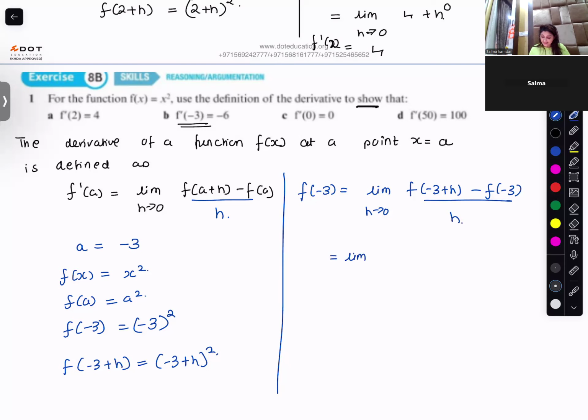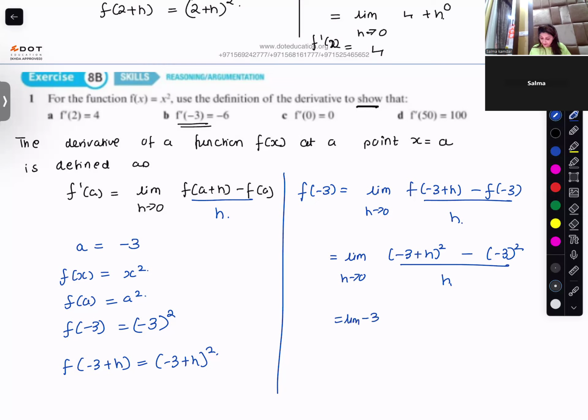So it is limit h tends to 0, f of minus 3 plus h is nothing but minus 3 plus h the whole square, minus minus 3 the whole square, the whole divided by h. Now a plus b the whole square, a square.